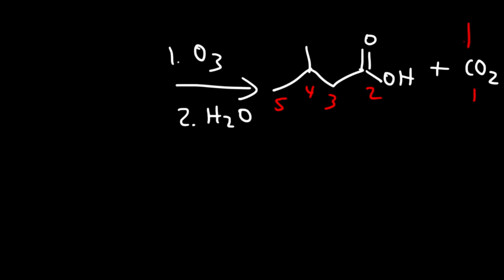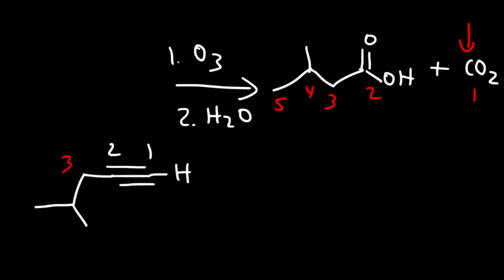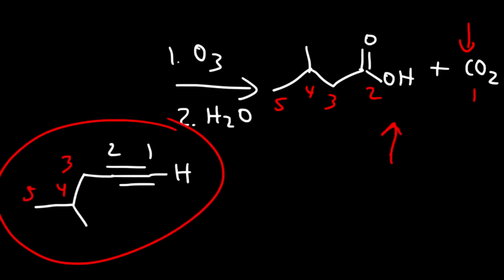And if you see CO2 as one of your products, you know that you're starting with a terminal alkyne. So this has to be carbon 1, 2, and then 3, 4, 5, and attached to carbon 4 we have a methyl. So this is the original alkyne that was used to make those two products.